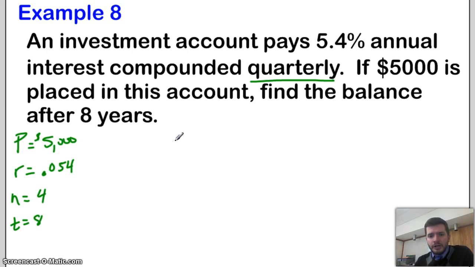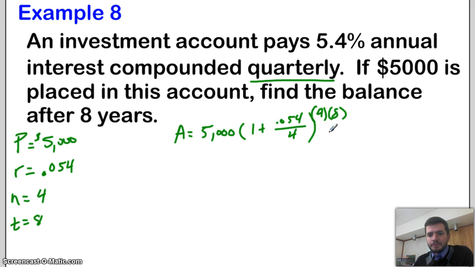All right, so let's plug it into our formula. So A equals 5,000 times 1 plus the rate, which is 0.054, divided by N, which is 4, all to the 4 times 8 power. That's a 4 here.